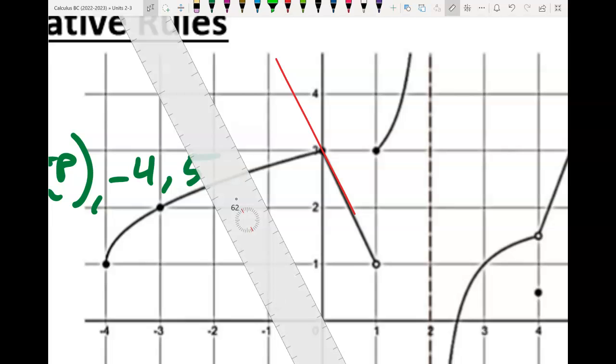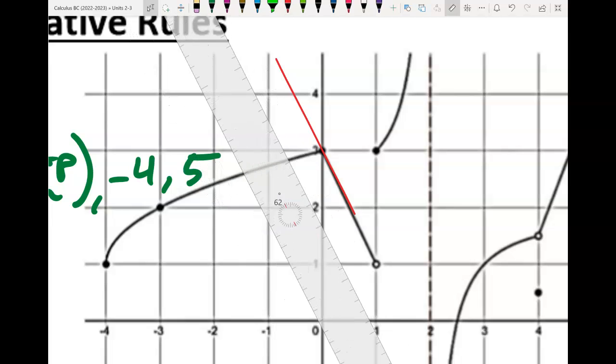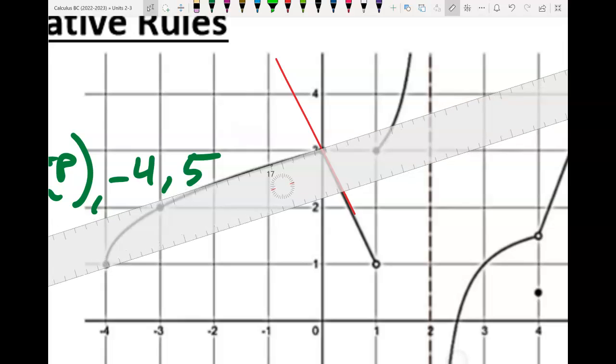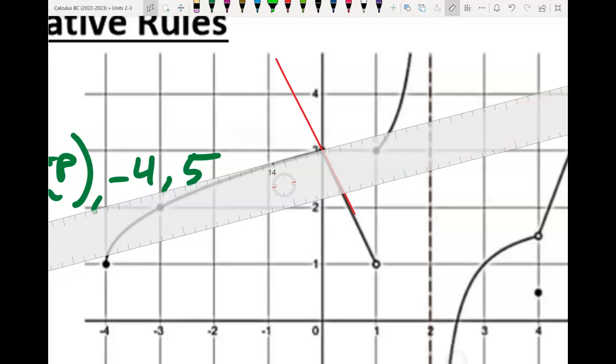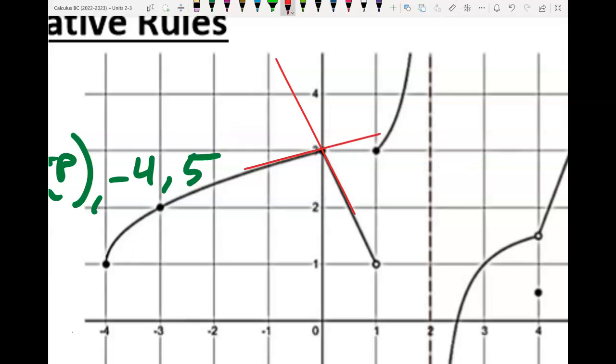But then I could also look at the derivative from the left and say, hey, from the left, this looks like what my derivative might be. And are those two lines equal? No, right? The derivative from the left is not equal to the derivative from the right. Even though we're continuous, that does not happen. That is no good, okay?